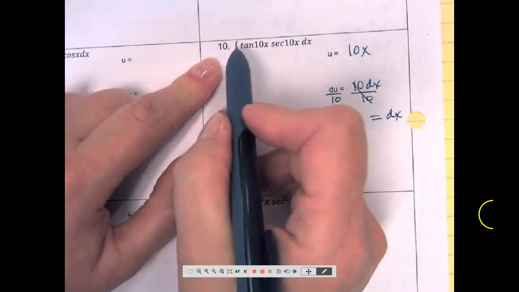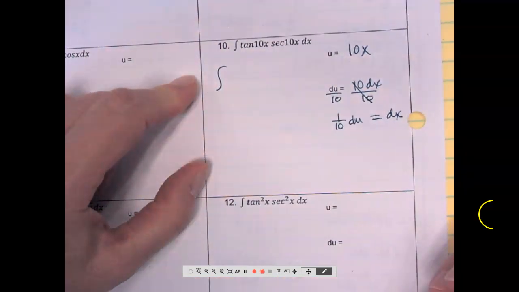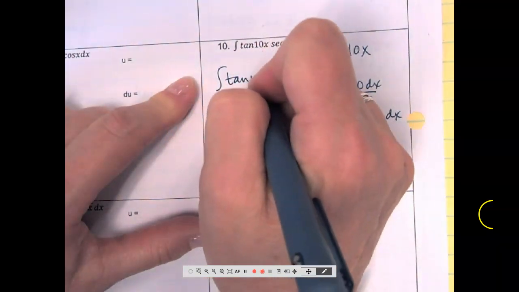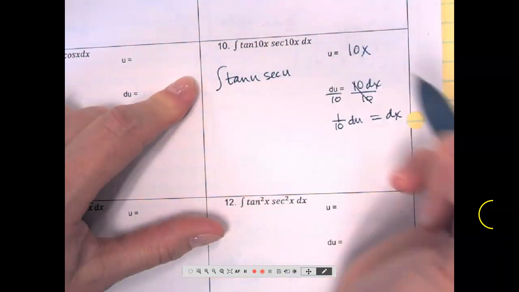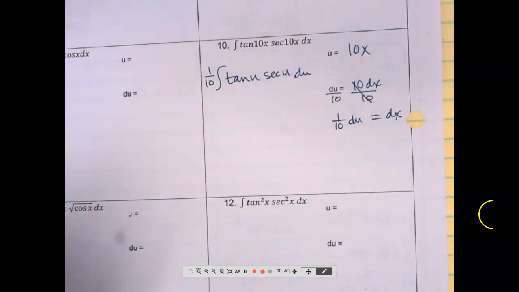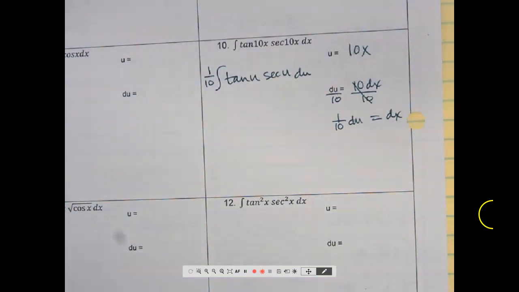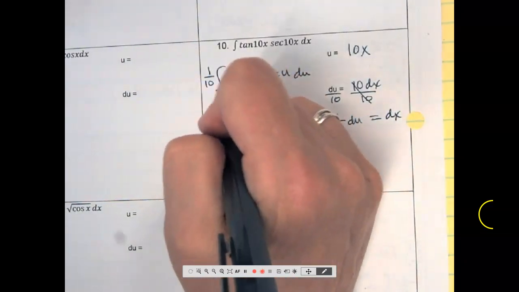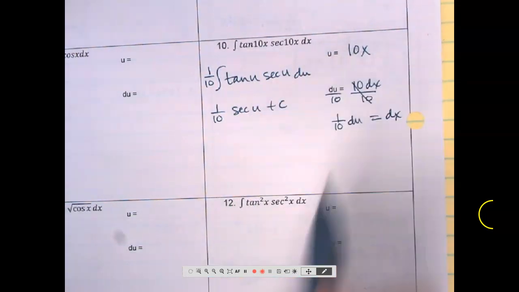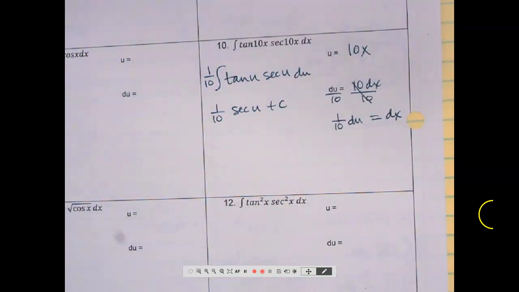Okay, so how would I rewrite this? 1/10 tangent u secant u. You get the antiderivative, which is, look on your sheet, secant u plus c.